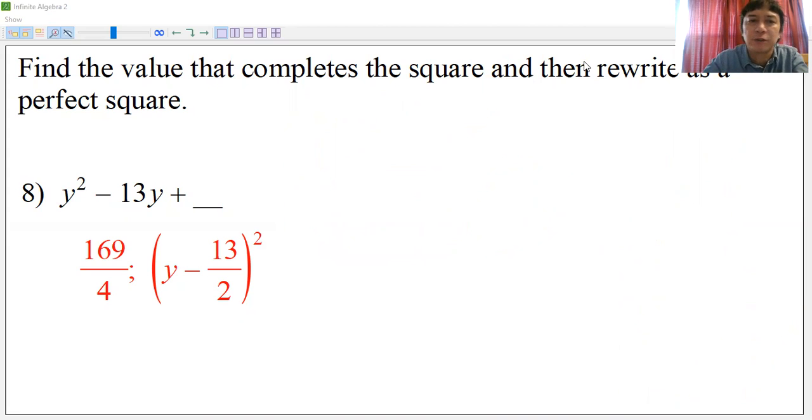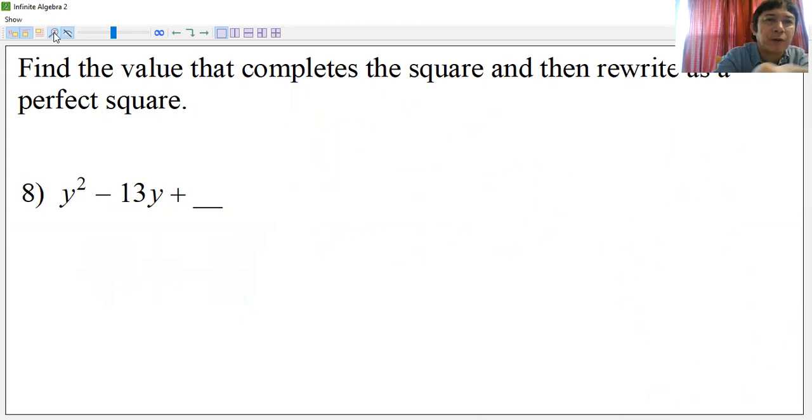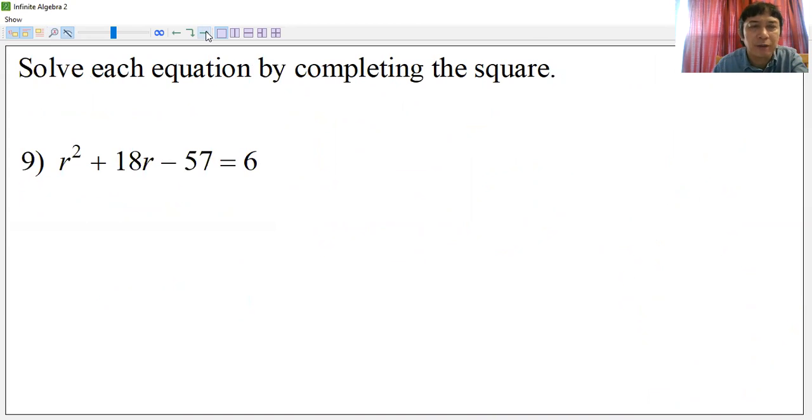Let me just clear the screen. Here is number 9. Oh, we reached the equation part, okay? Solving equation by completing the square. So what we learned from 1 to 8 numbers or questions will be used now here to find the answers for the variable, the required value for the letters, okay?